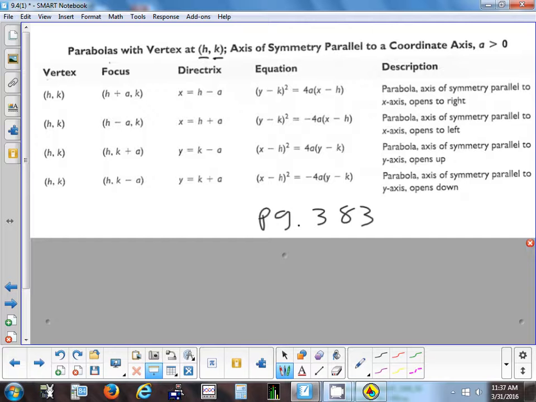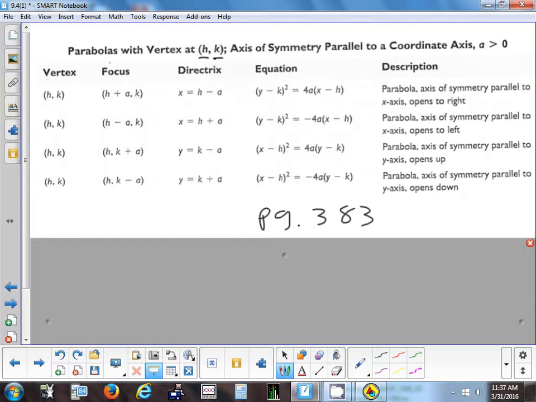It's at h, comma, k. All right? So this table basically summarizes everything that happens for you. So we really don't have to think too much about, okay, wait a minute, I shifted it to the right, so that means my directrix is going to be shifted to the right, or something like that. We have all our formulas here, we just have to follow the formula.